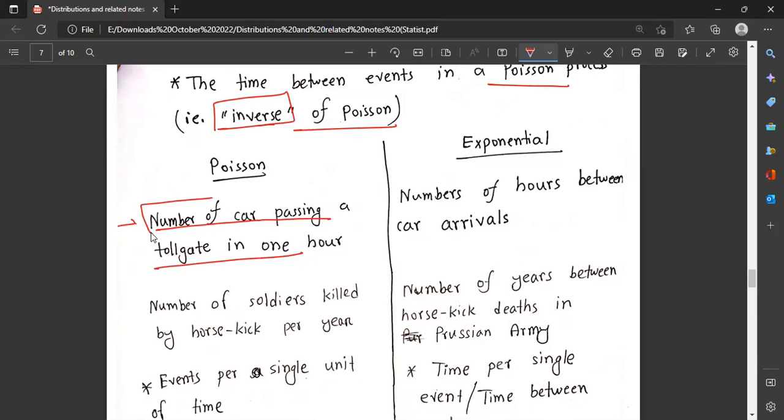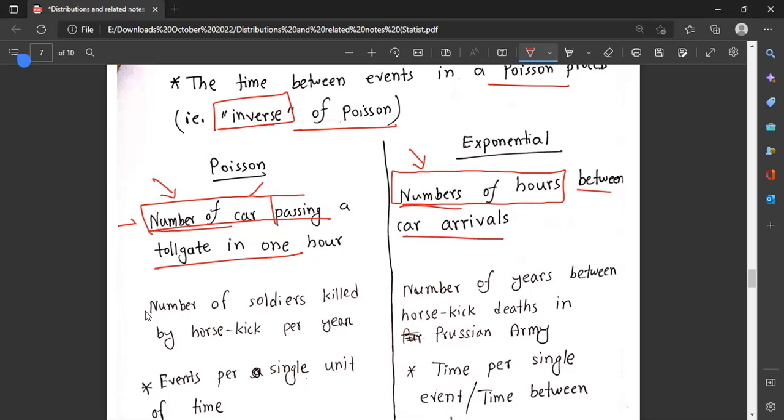So we are interested in the number of cars. But in exponential distribution, we are interested in time, the number of hours. So here we are interested in the number of cars, but here we are interested in the number of hours between car arrivals.